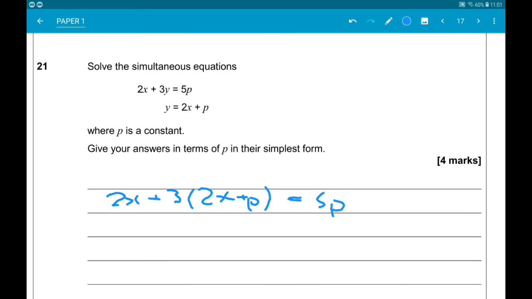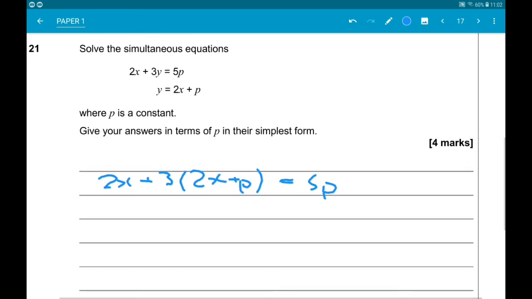From this, we can work out what x is in terms of p. If we expand the bracket on the left, we're going to get 6x add 3p. So altogether, we have 8x add 3p is 5p.